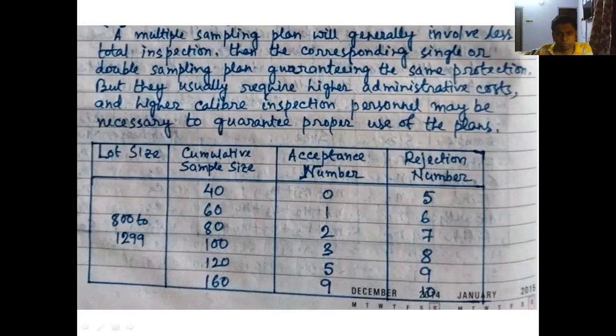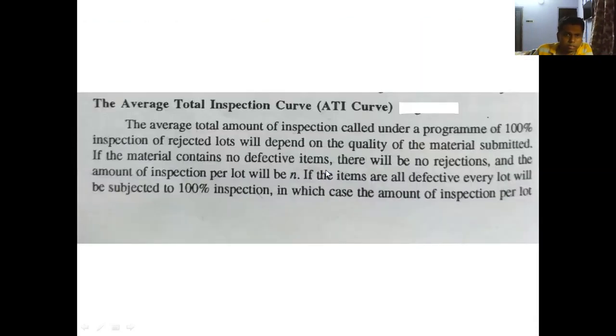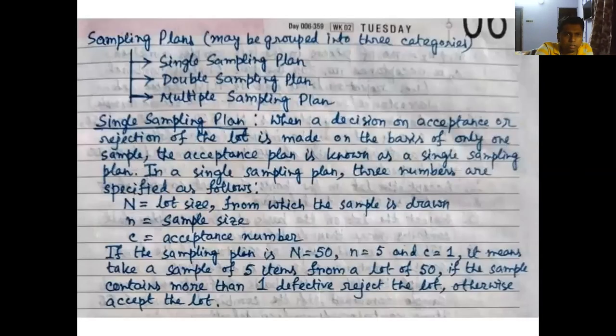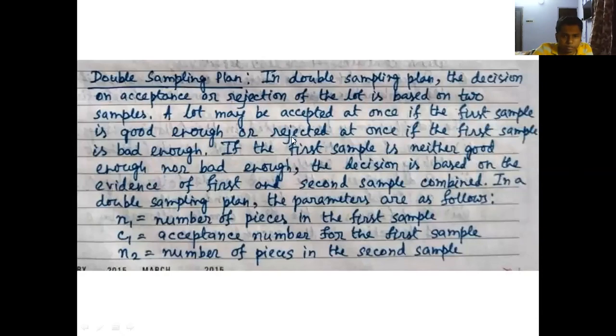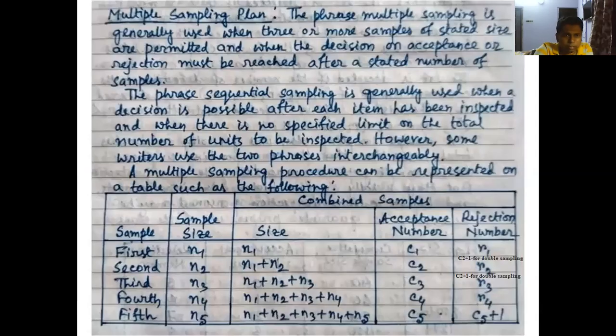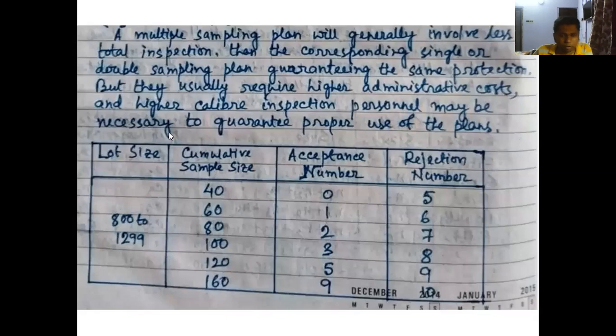You can notice the first example, the single sampling plan: the capital N was 50, that means the lot size was 50. In the second case capital N was 500, and in the third case, the multiple sampling plan, the lot size was 800 to 1299, almost 1300.